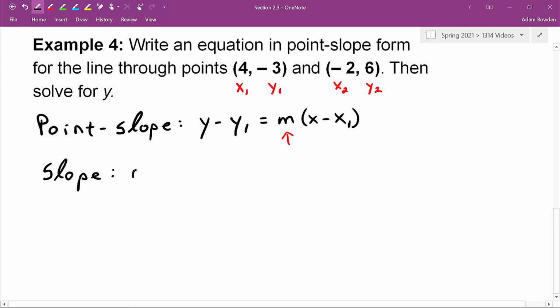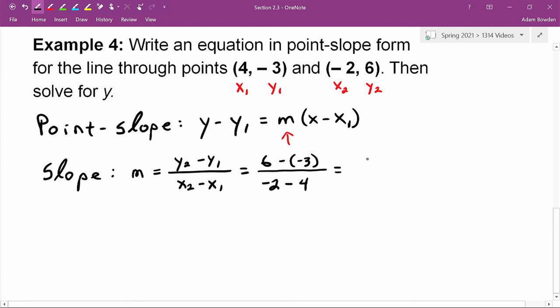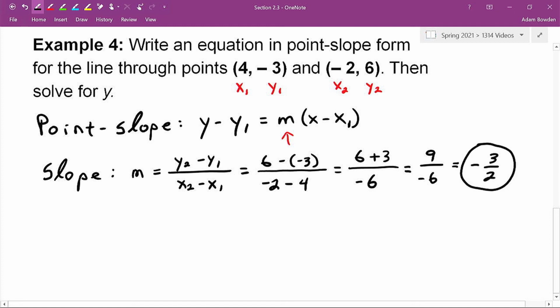Step 1 will be to calculate the slope. So m would be equal to 6 minus -3 all over -2 minus 4. On top would be 6 plus 3 divided by -6, or 9 divided by -6. As a fraction, that would reduce down to -3 over 2. So that's the slope for our line through those 2 points.